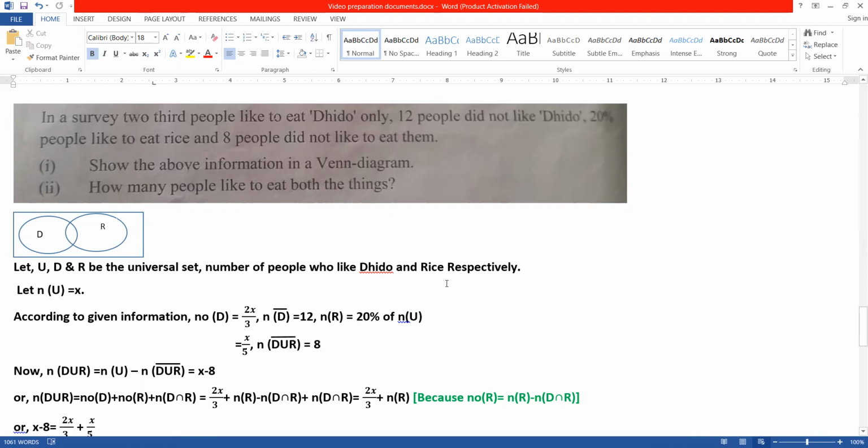Then the number of people who like to eat dino and rice can be represented by N(D) and N(R) respectively, in terms of cardinality. So according to the given information from the question, this N naught means only D, the pure form of this one. Purely this one means here.